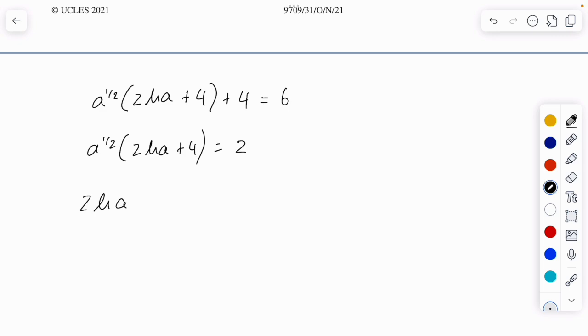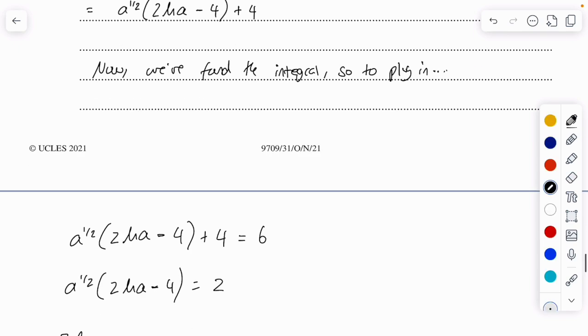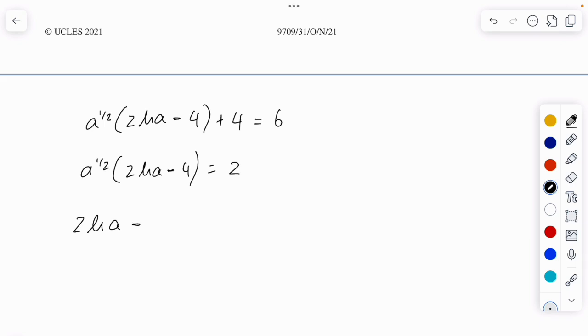So that should be minus 4 over here. It's quite a tricky question. We get 2 ln a minus 4 is equal to 2 over root a.